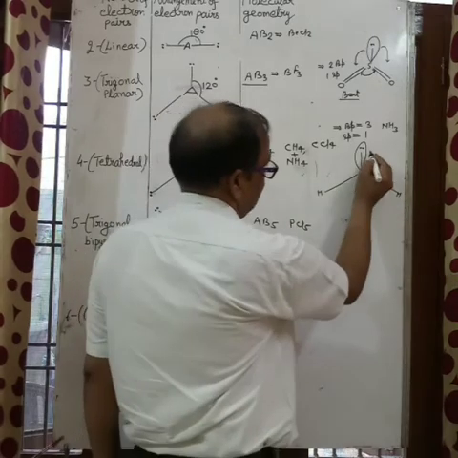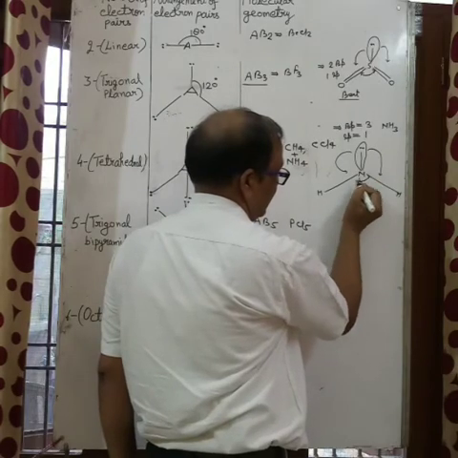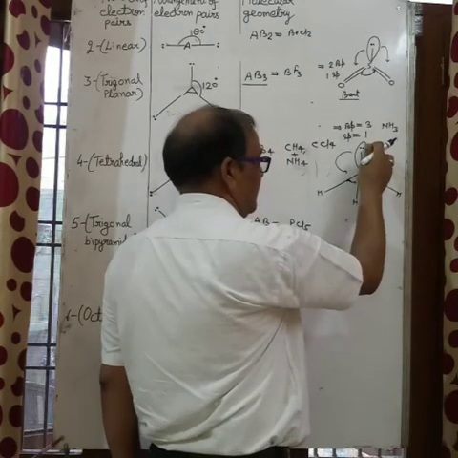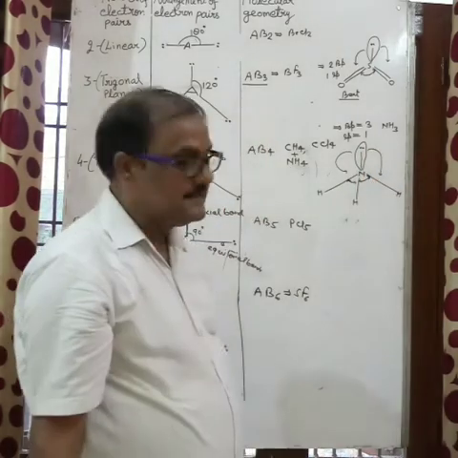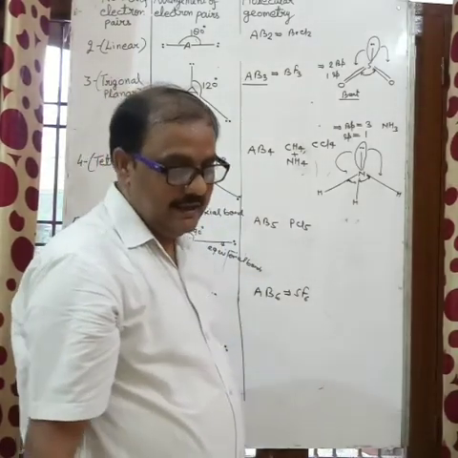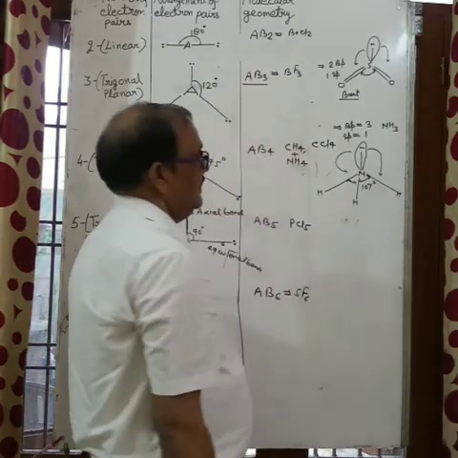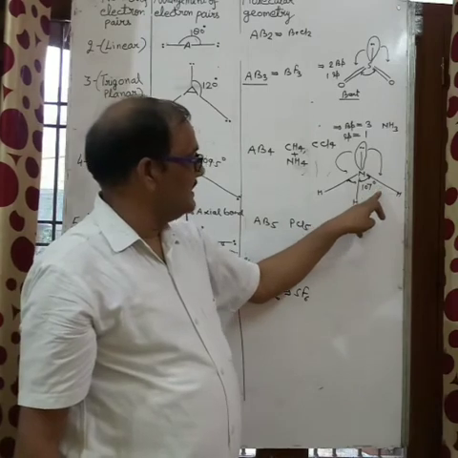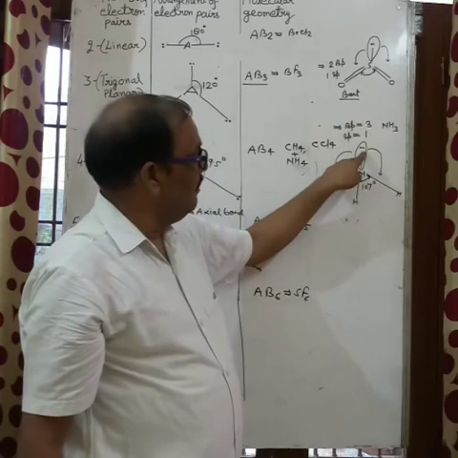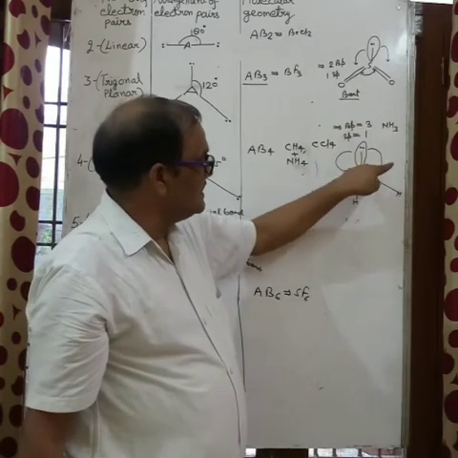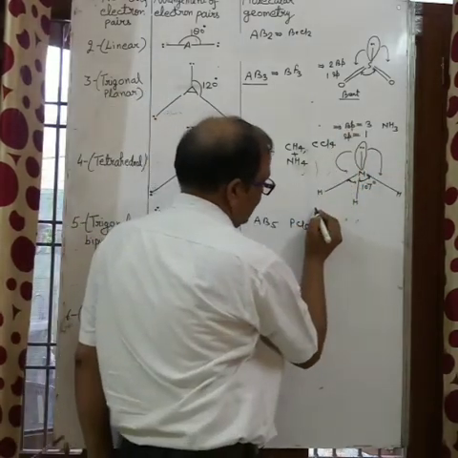Okay, and this is the lone pair bond pair repulsion, and due to the dominating lone pair bond pair repulsion, this bond angle decreases from the normal bond angle, and this is nearly 107 degrees. It means the bond angle in case of ammonia is less than 109.5 because of the presence of 1 lone pair of electrons, which causes the repulsion, that is the lone pair bond pair repulsion.